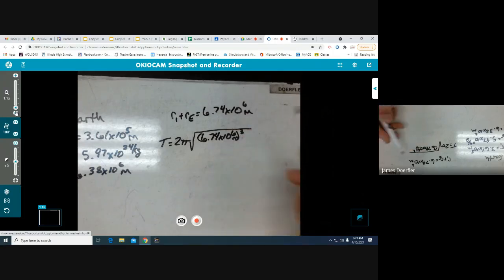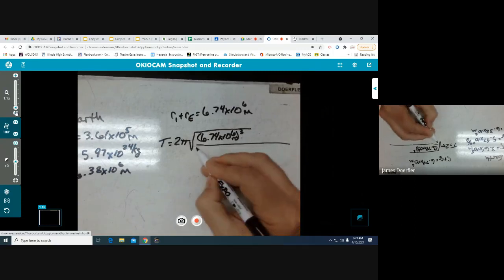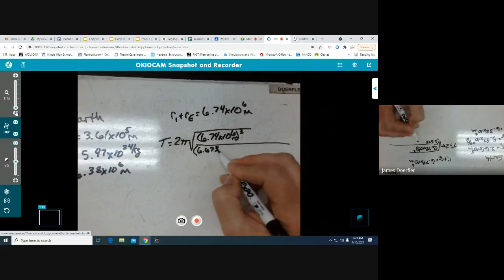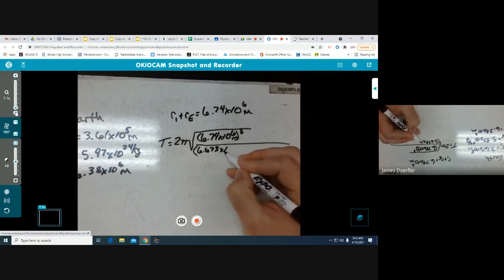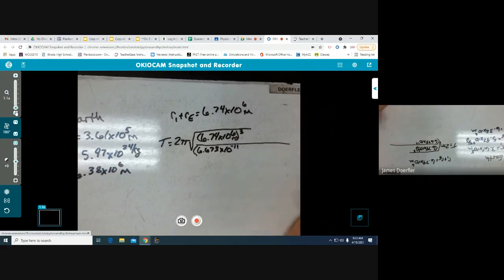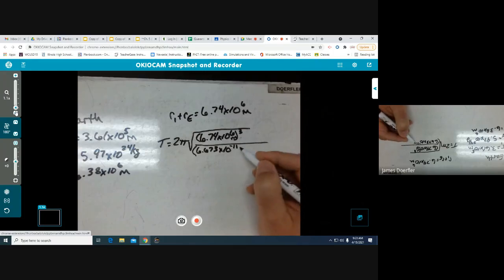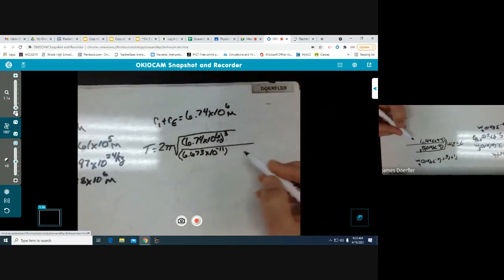That's meters. It's an M. Divided by gravitational constant, 6.673 times 10 to the negative 11th. And for ease of space, I'm not going to include the units because I will run out of space.